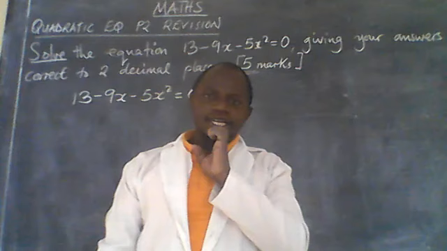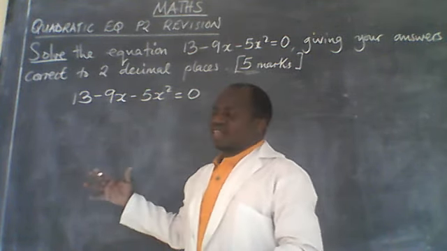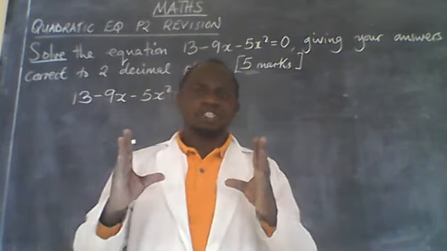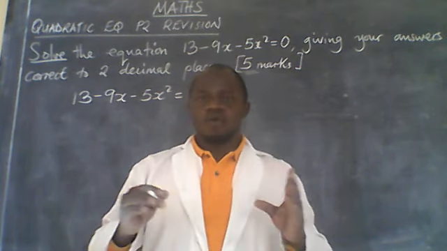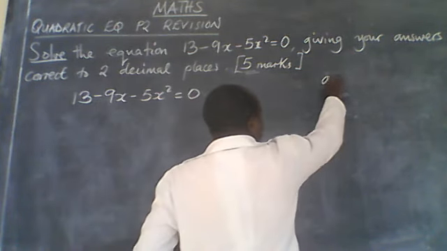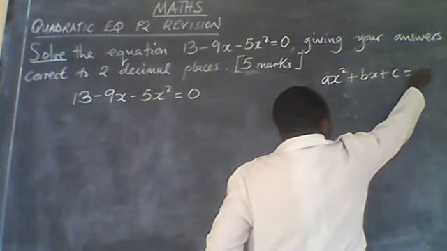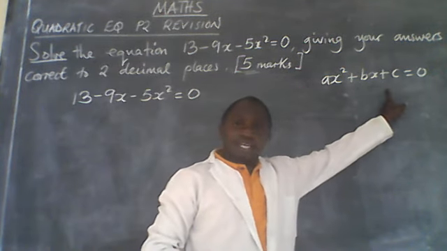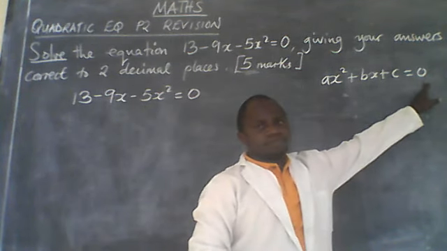The other thing that you need to know is that every quadratic must be checked to see if it is written in its standard form. The standard form that I'm talking about is this: ax squared plus bx plus c is equal to 0. Check first if the equation that you've been provided with is in this format.